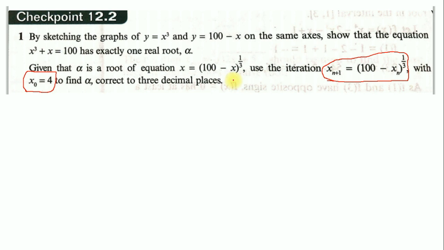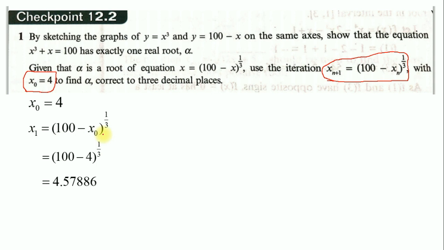Now let me show the working. First, x naught is 4. So for the first approximation, you substitute 4 into the formula and use your calculator. You get this. You must write out the working.